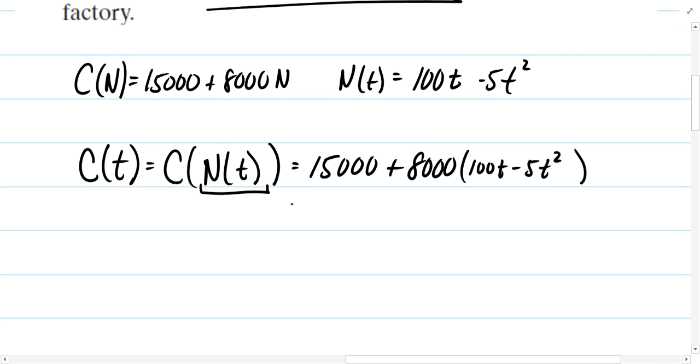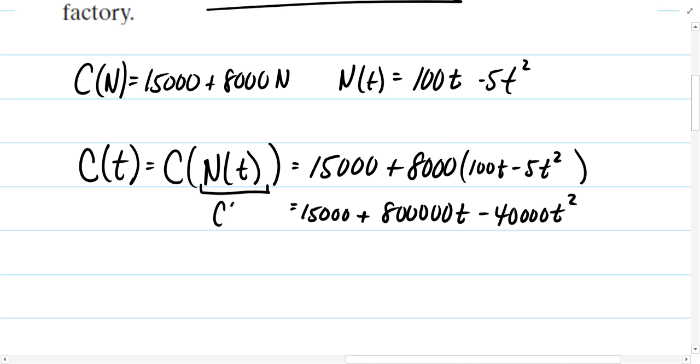And so we have 15,000 plus 800,000t minus 40,000t squared. And this indeed is the cost based on the amount of time that the factory is open.